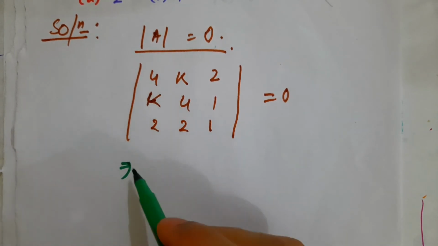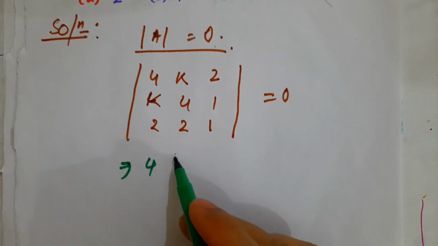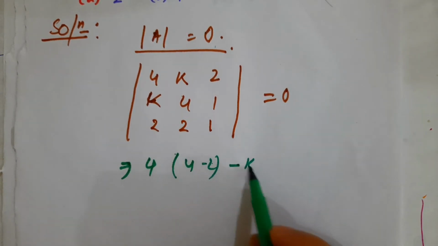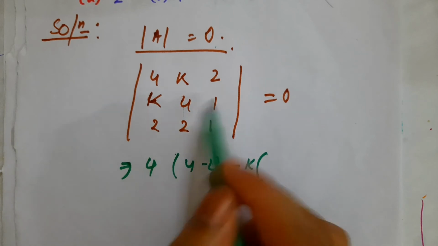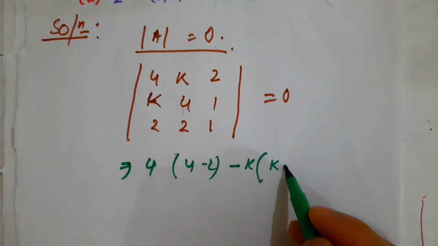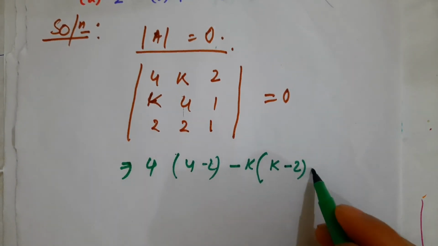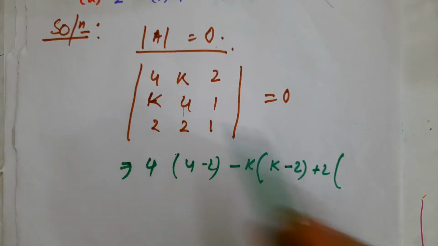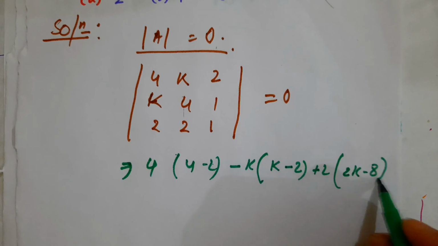Evaluating, 4 into (4 minus 2) minus k into (k minus 2) plus 2 into (2k minus 8), which is equal to 0.